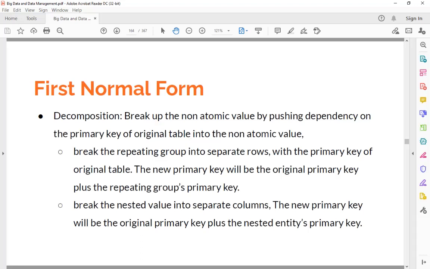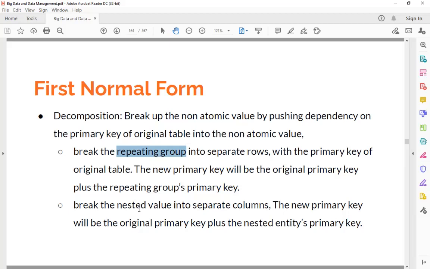We will use decomposition to break up the non-atomic value. We are going to create a new relation with the non-atomic value broken up. For a repeating group, the first scenario of a non-atomic value, we will break the repeating group into separate rows.